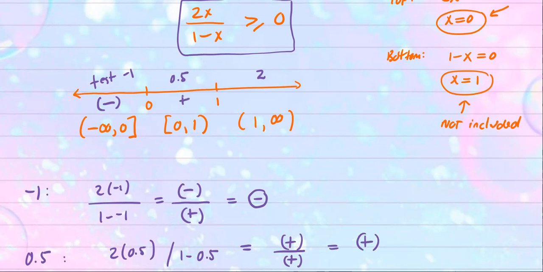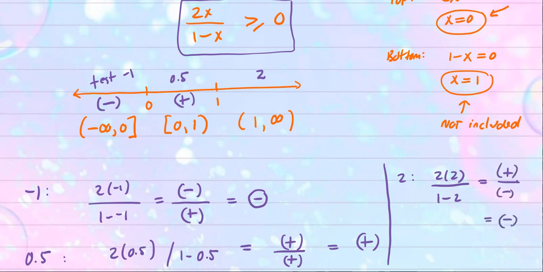So on this interval, we're positive. And now let's do the last one, 2. If I do 2 times 2 over 1 minus 2, on top we get positive, on the bottom we get negative. A positive over a negative number gives us a negative result. So on this interval, we're negative.